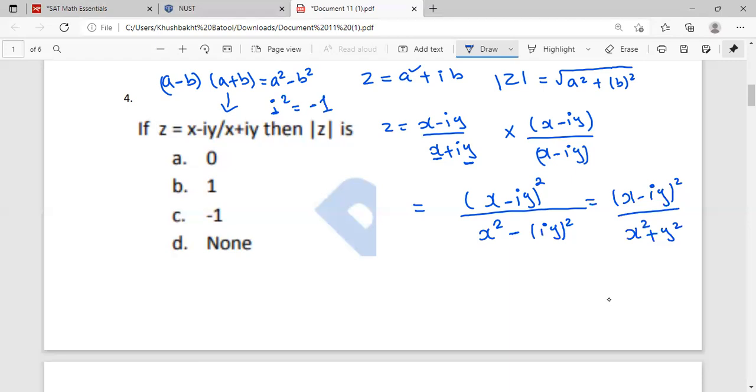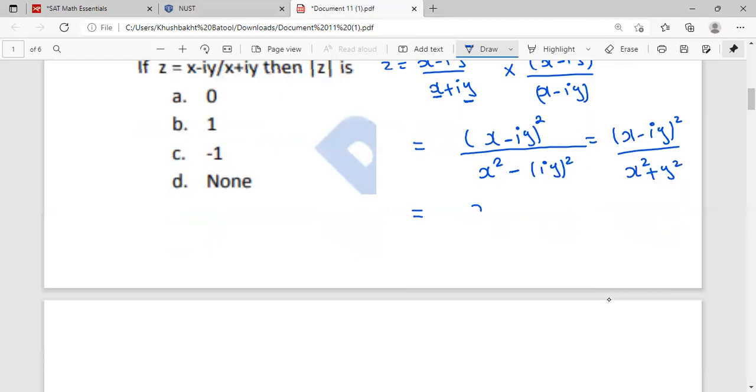Okay. So we can write it as z equals x plus iota y square minus 2xy iota divided by x square plus y square.